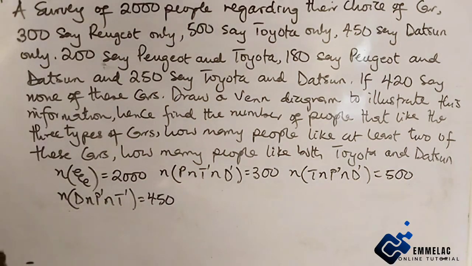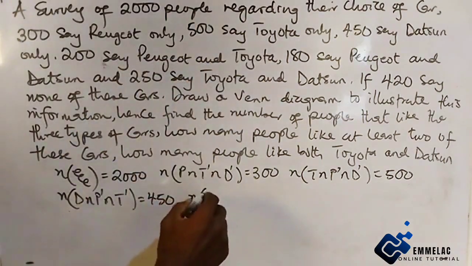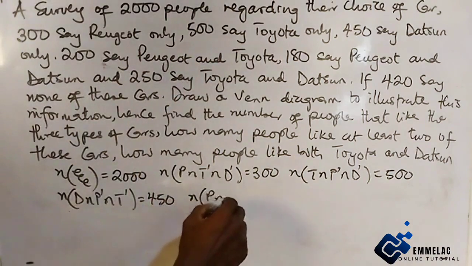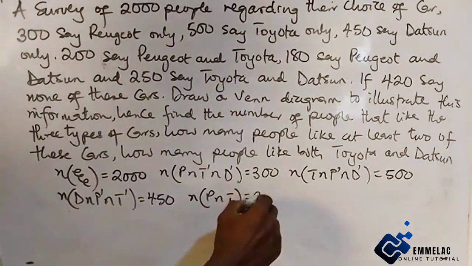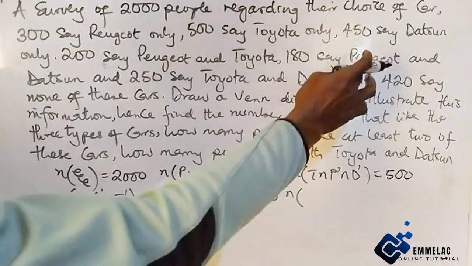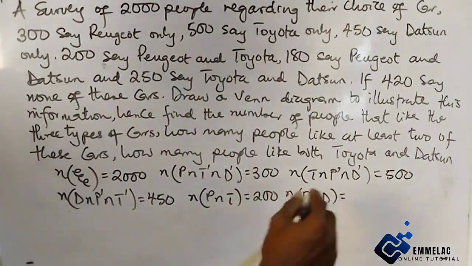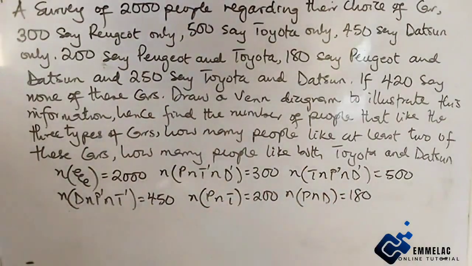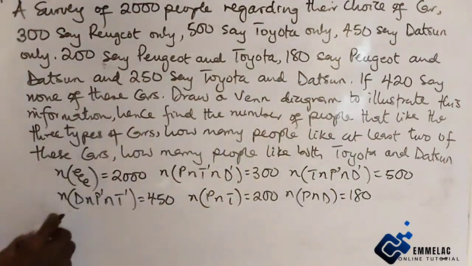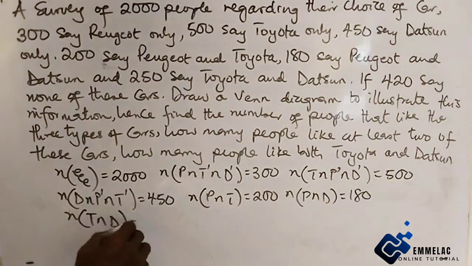Now 200 say Peugeot and Toyota, so the number of P intersection T gives us 200. The number of Peugeot and Datsun, that will be P intersection D equals 180. The number of Toyota and Datsun, that will be T intersection D, gives us 250.